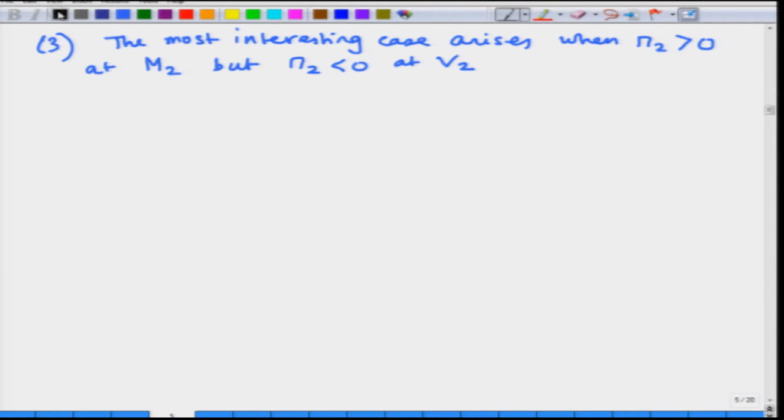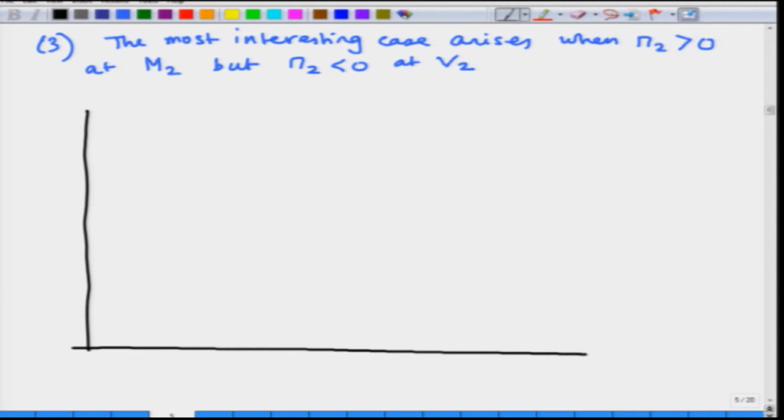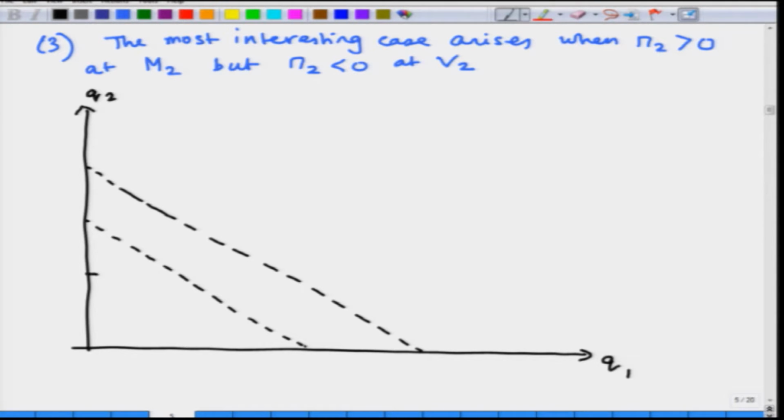So, in other words, if we were to recap the two best response functions, this is T, this is V, this is M1, and I have the Stackelberg level of output. So, this would be the Stackelberg level of output given by S, right.